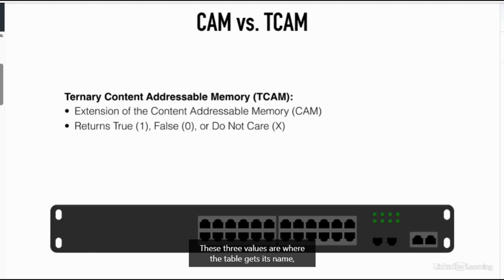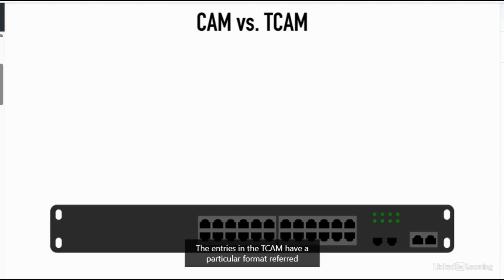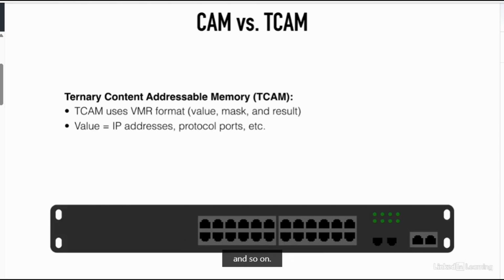These three values are where the table gets its name, as the term ternary is defined as a mathematical value based in 3. So instead of performing exact match searches, the TCAM can perform a broader search based on pattern matching and wildcards. The entries in the TCAM have a particular format referred to as VMR: value, mask, and result. The value refers to the pattern that is being matched, which can include IP addresses, protocol ports, and so on.